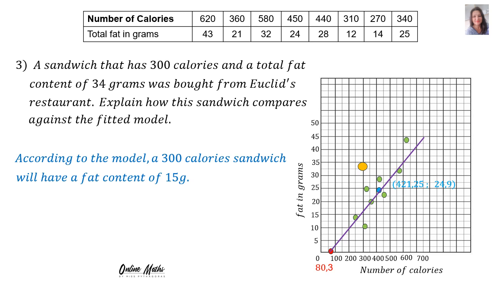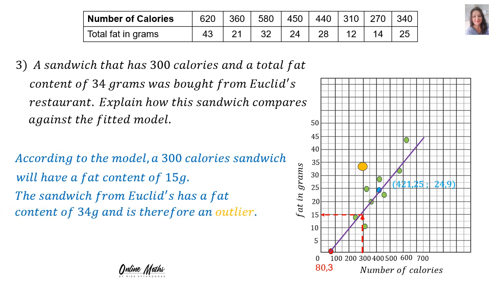So if you go to the scatter plot and you go on the x-axis to 300 calories and you ride up to your least squares regression line, and then from that point on you go to the left hand side on the y-axis to the fat content in grams, that is where you will find the 15 grams. The sandwich from Euclid has a fat content of 34 grams and is therefore an outlier according to our fitted model.